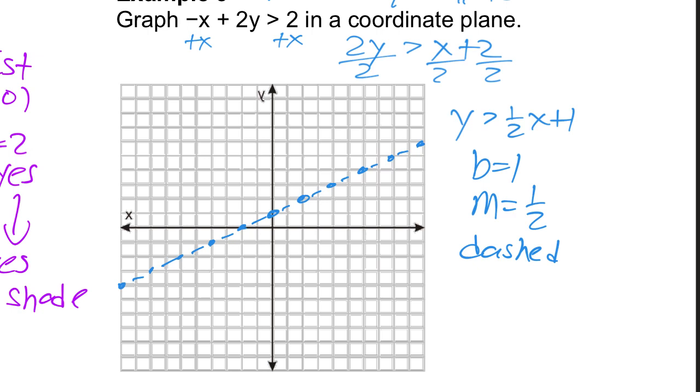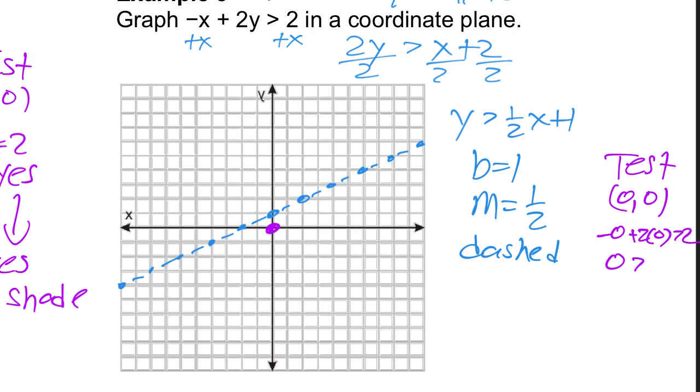See, it's not solid. Again, I'm going to test a point, maybe 0, 0. So if I test 0, 0, I'm going to put it in the original so I don't screw anything up. Negative 0 plus 2 times 0, is it greater than 2?